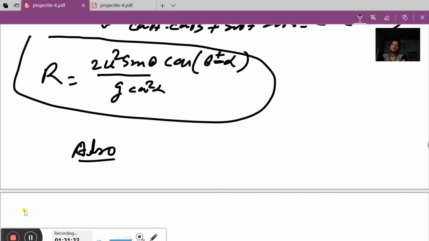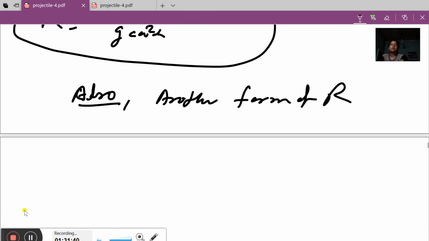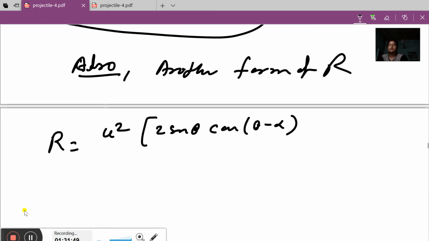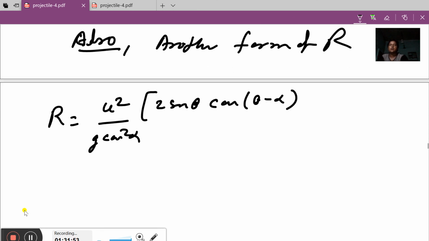Also, another form of R equals u square 2 sin theta into cos theta minus alpha over g cos square alpha.